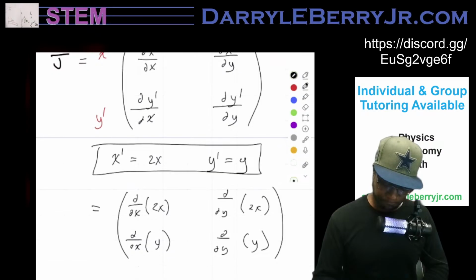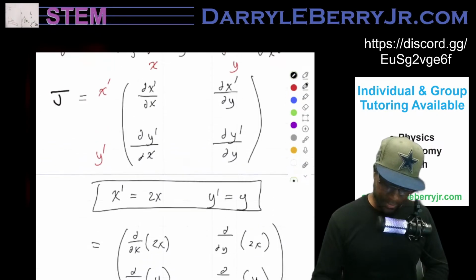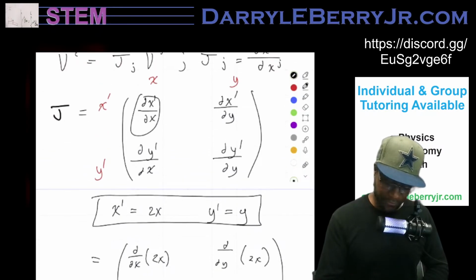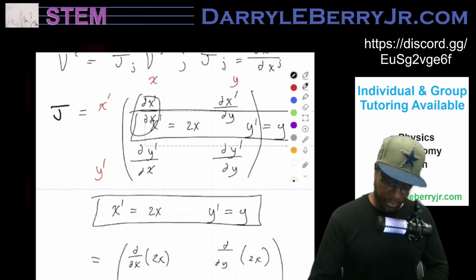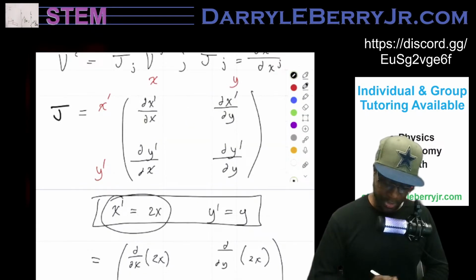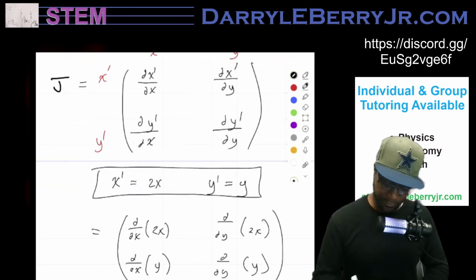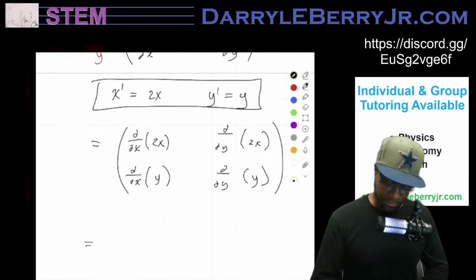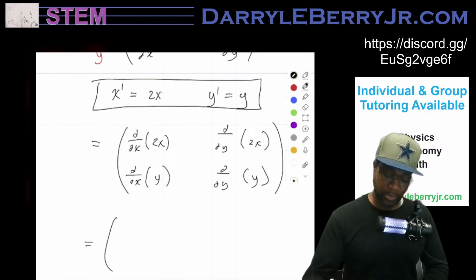See how that works? So all I did was take this partial derivative and substitute in what my x prime was in my new coordinate system. X prime is 2x in my new coordinate system. So I'll plug that in. Plug that in, plug that in, plug that in. So now we have a partial derivative of x with respect to x of 2x. That's 2.